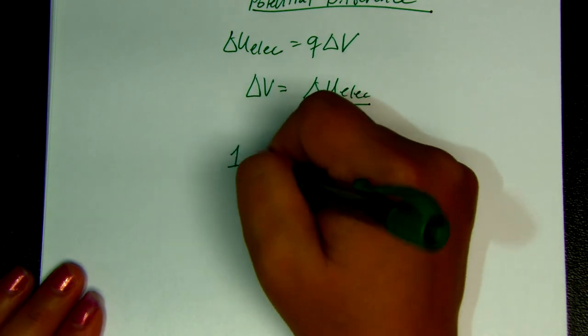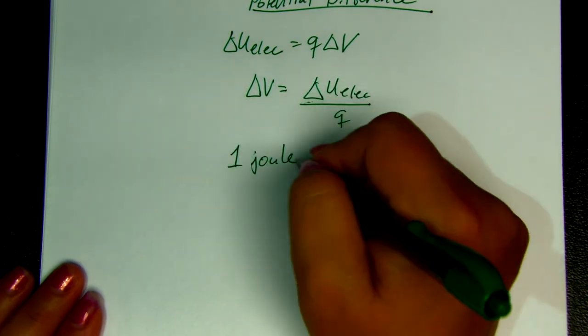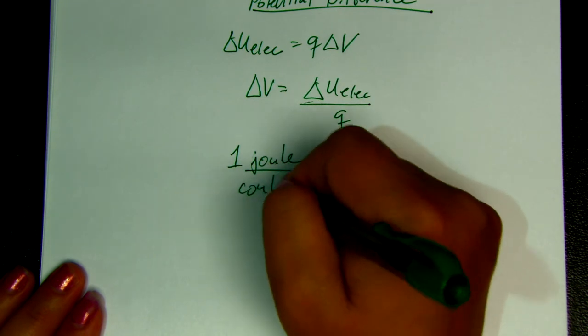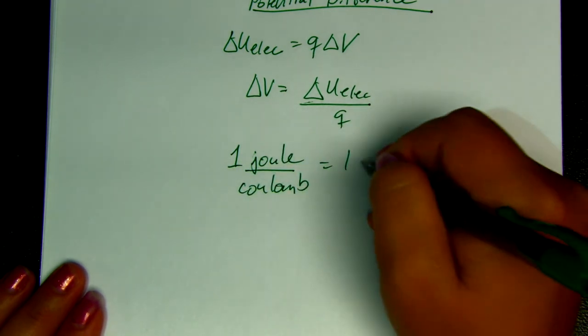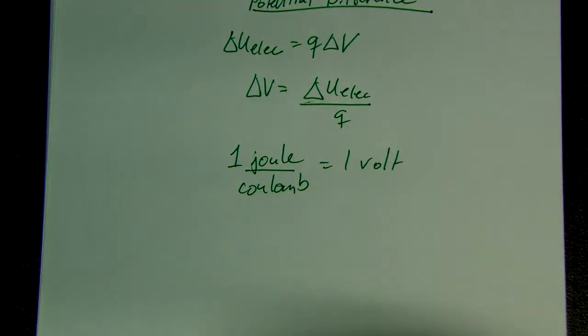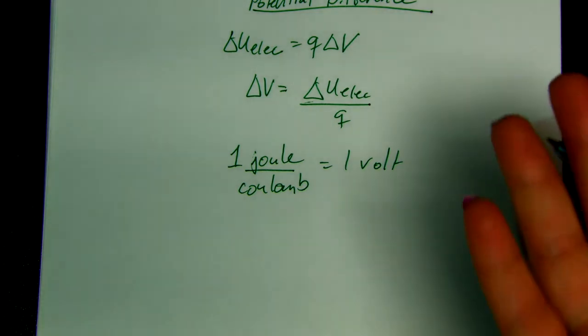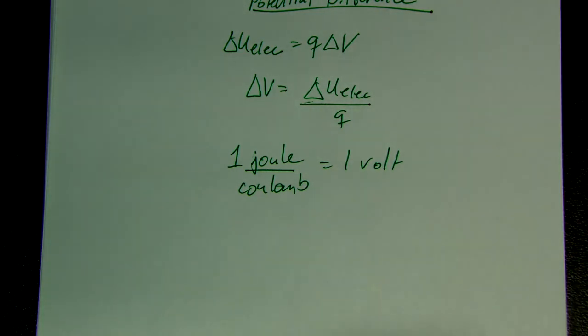So 1 joule over a coulomb is equal to 1 volt. And you've heard of volts. We have batteries with voltage ratings on the back.